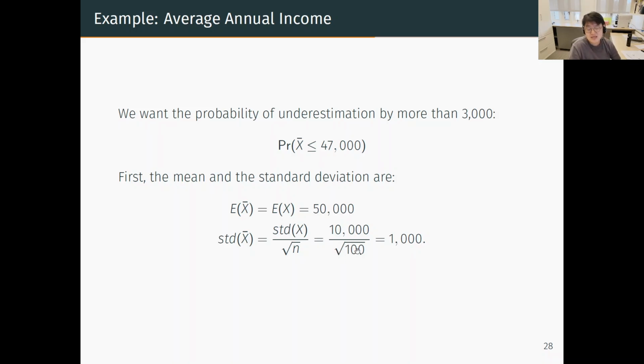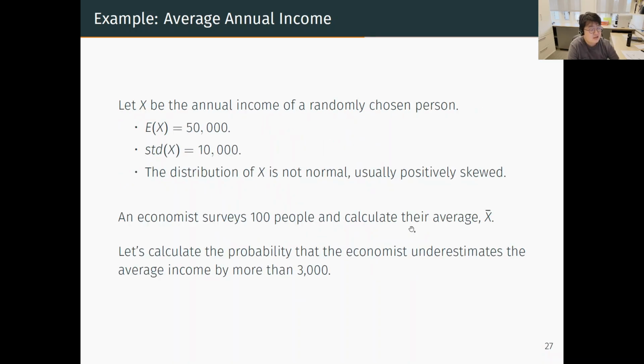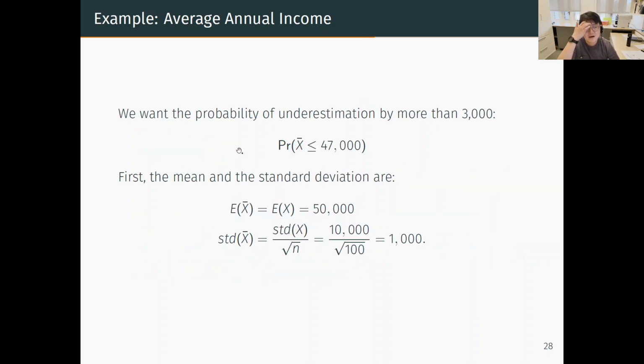That means the sample average has a standard deviation of only 1,000, one tenth of the single person's standard deviation. That is the pattern: variability decreases when the sample size increases.